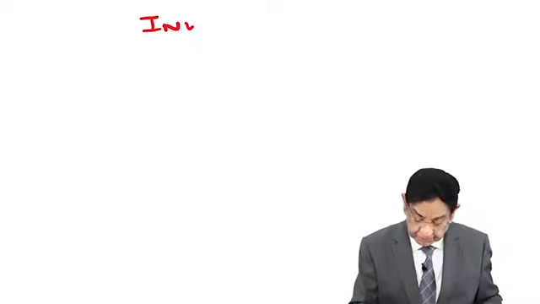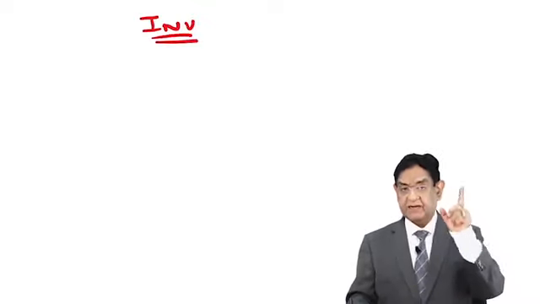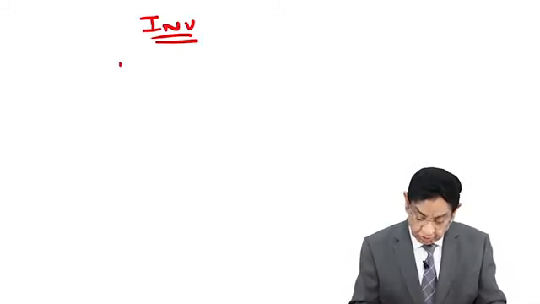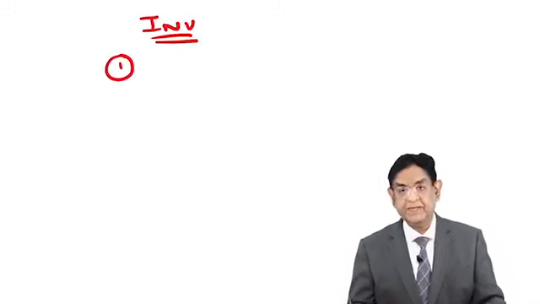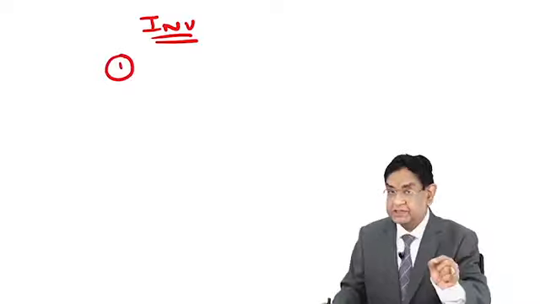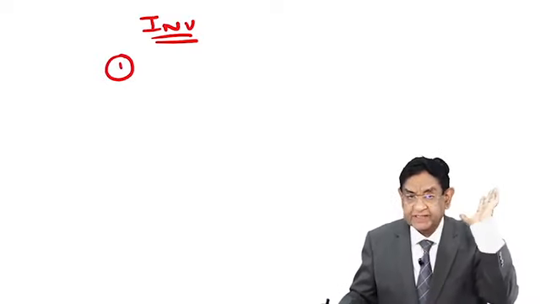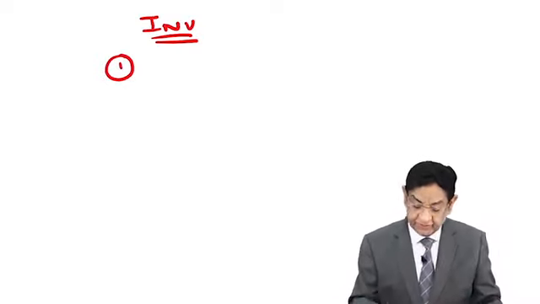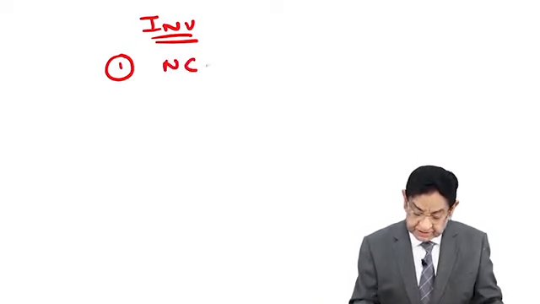Now, let me tell you how to investigate any case of stroke. Let's learn the basic concept. In stroke, what criteria? Sudden onset of focal deficit is stroke. First thing is non-contrast CT scan.